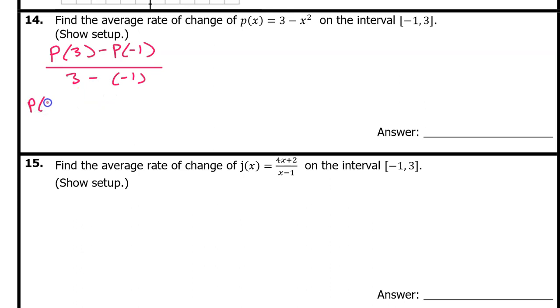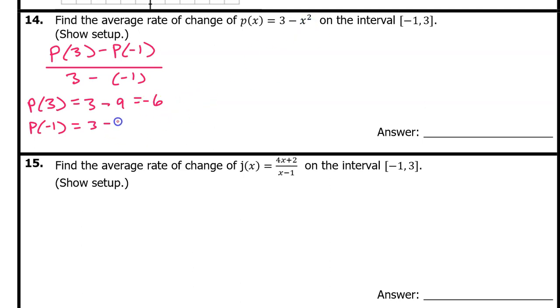So p at 3 is going to be 3 minus 3 squared. So that's 3 minus 9. Now, maybe I'll just show a little bit of work here. So that's 3 minus 9, which is negative 6. And then p at negative 1, that's going to be 3 minus negative 1 squared.